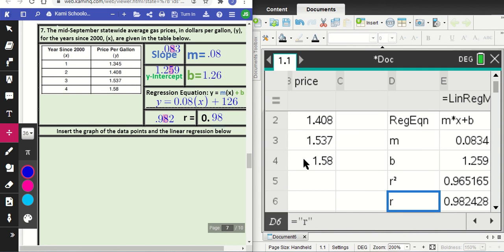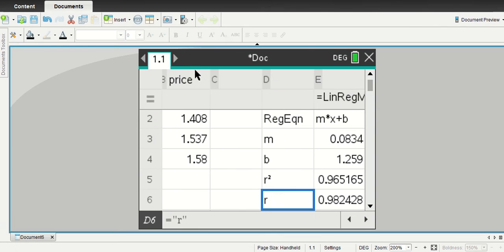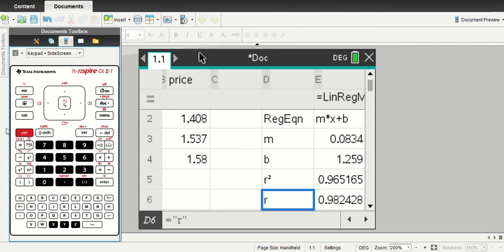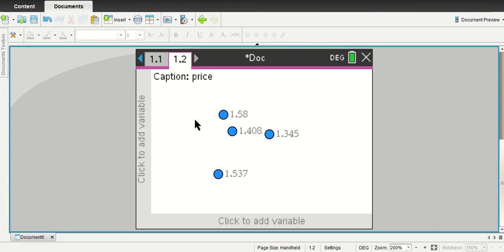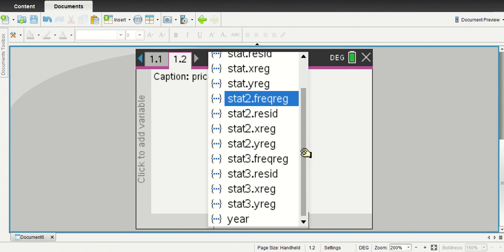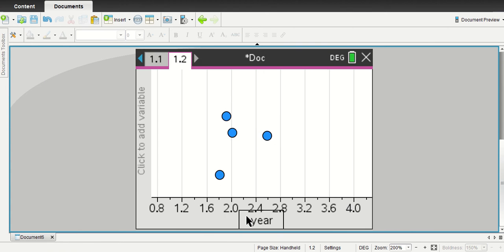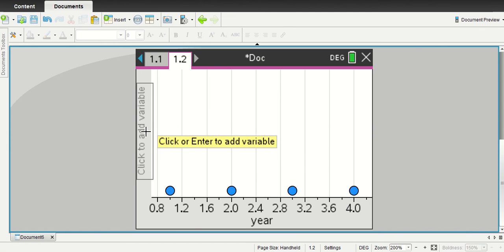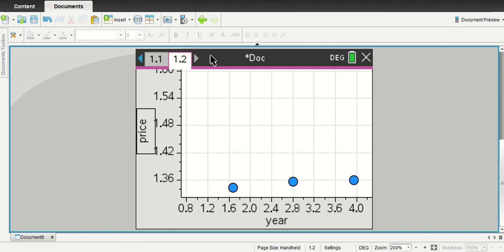So let's go over to our calculator, get a new page. So Control Doc, add a data stats page, and remember, our domain is the year, our range is the price. And now I want one of those lines.